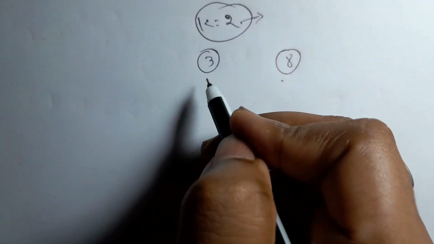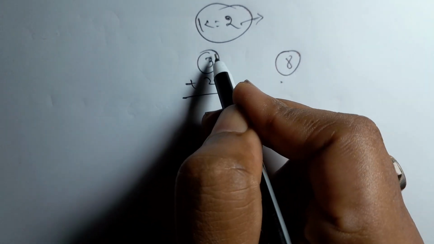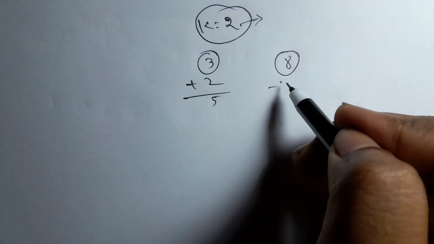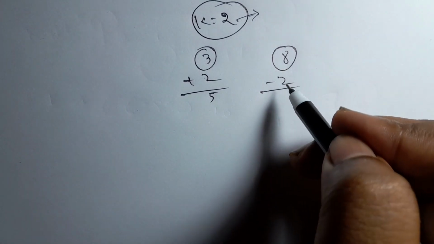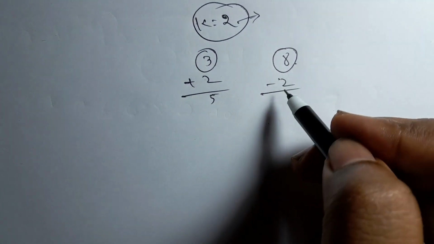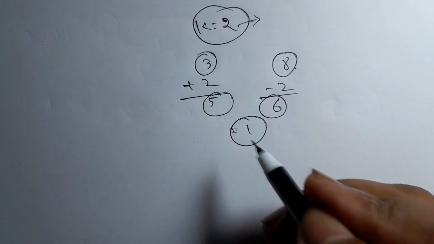So what you will do, you will add 2 to the minimum coin so that it becomes 5, and you will decrease 2 from the maximum coin, by which it becomes 6. So the minimum difference becomes 1.